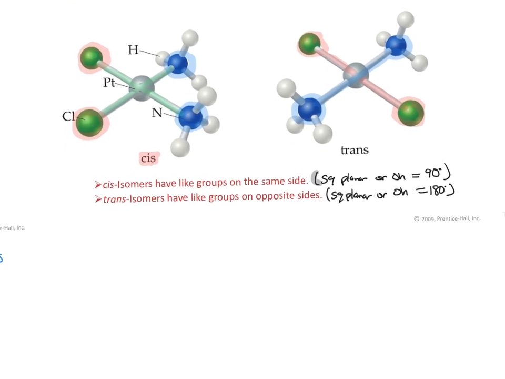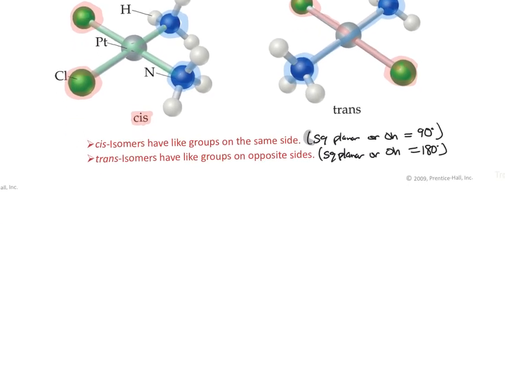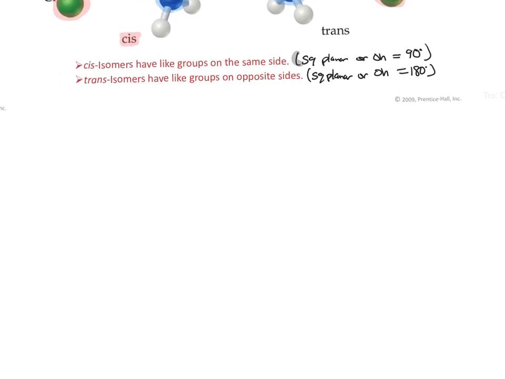Let's look at one other example for cis and trans, and this will be an example with an octahedral geometry. So for example, if I have the chemical formula FeCl2(H2O)4.